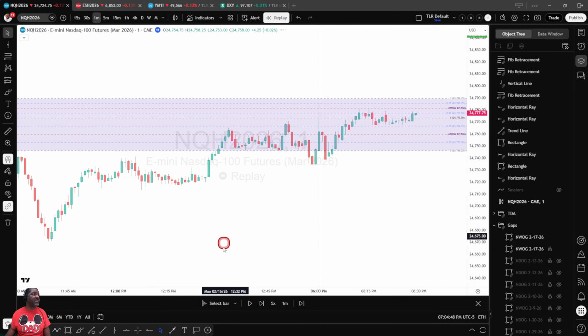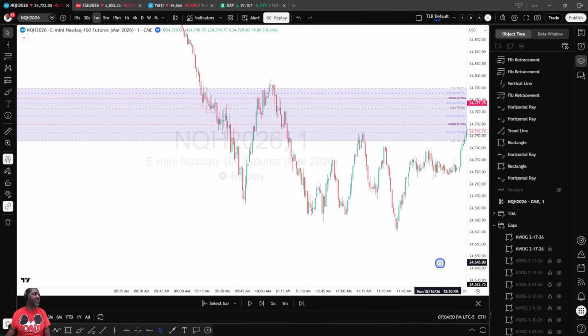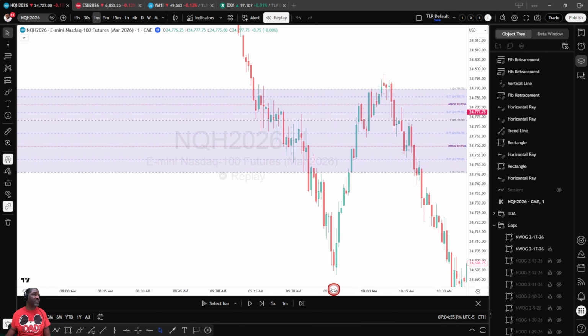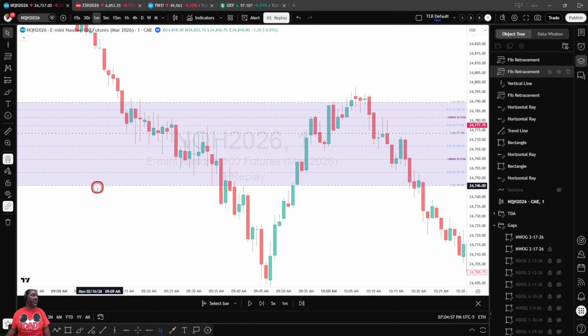If we go down to a 1 minute time frame and we look inside of those PD arrays, we can see the price sensitivity on the lower time frame.